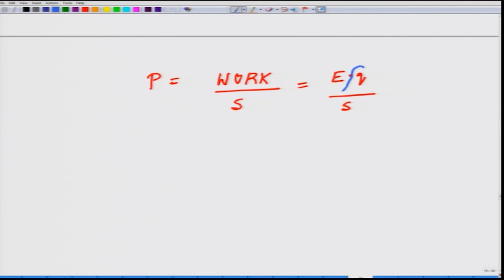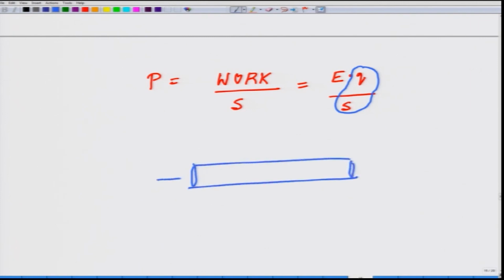Now look at it carefully. Say, for example, here is where a charged particle is moving, which is having a charge q per unit time, which is per second at this point. It is traveling through like this.